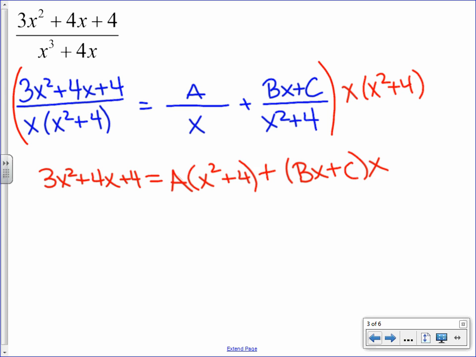Now, we can plug in x is 0, and that would make this factor go away, and we could easily solve for a. But what's going to be the problem after we solve for a? Can I plug anything in here to make this go away?